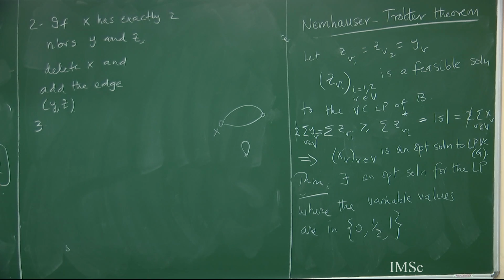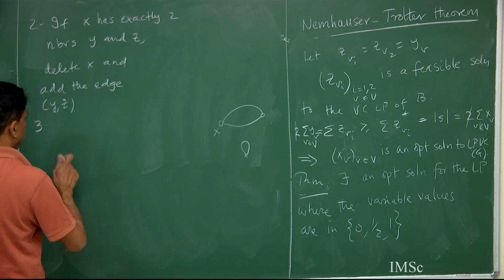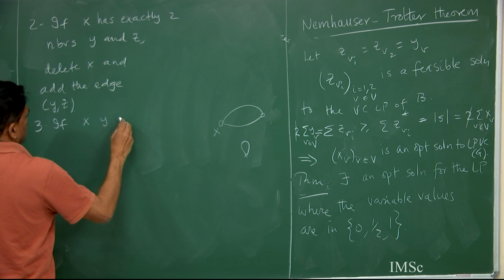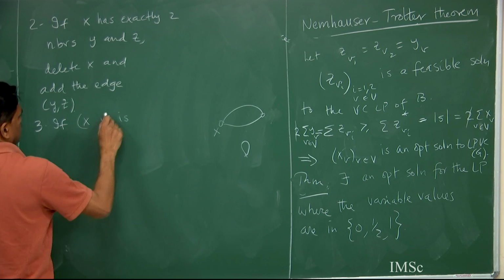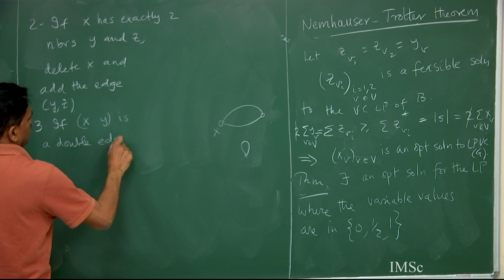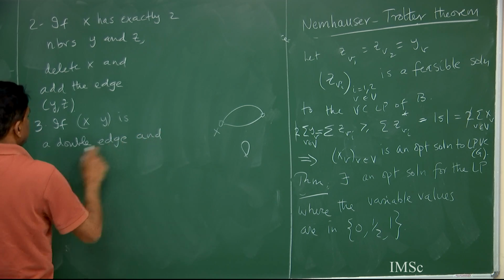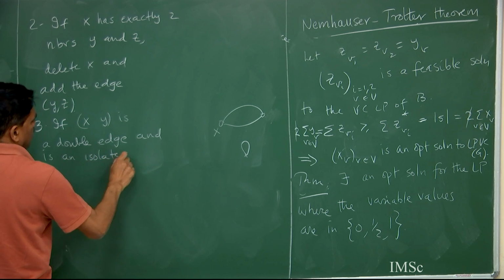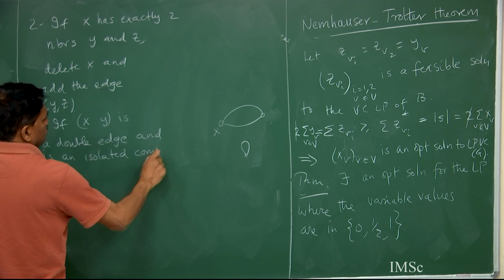Let me make that an explicit rule. If XY is a double edge and is an isolated component, I can actually do better. What can I do?